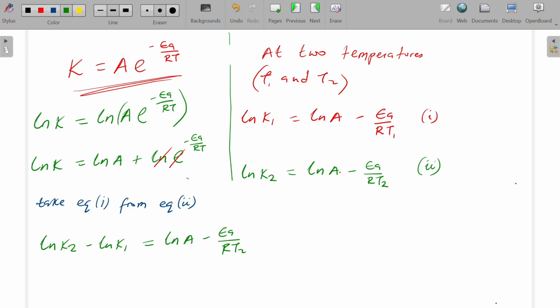Remember, it's the 2 that is being subtracted by 1. So this whole thing will be subtracted by natural log of A, that is being subtracted by the activation energy over RT1. Now this is temperature number 1. So that's what we are going to have there.